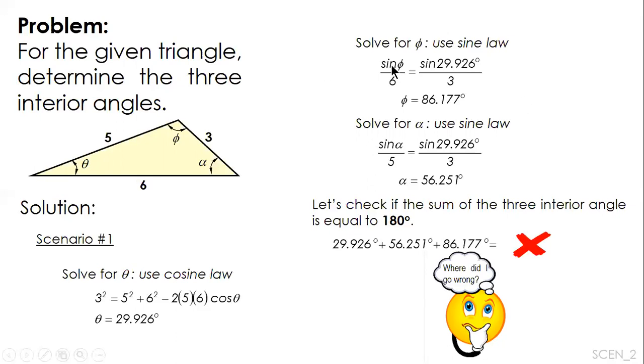So if you get the sine of 60 and 120, you'll get the same answer, which is 0.866. Therefore, when you solve for an angle using the inverse function, the inverse sine of 0.866 is 60. It will not give you 120.